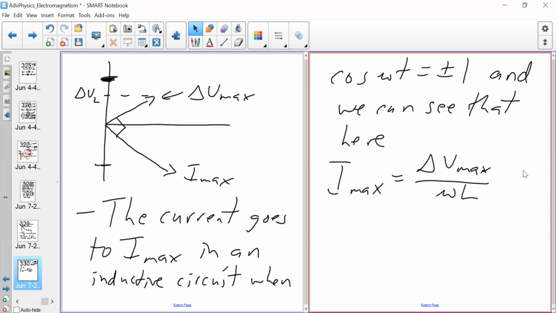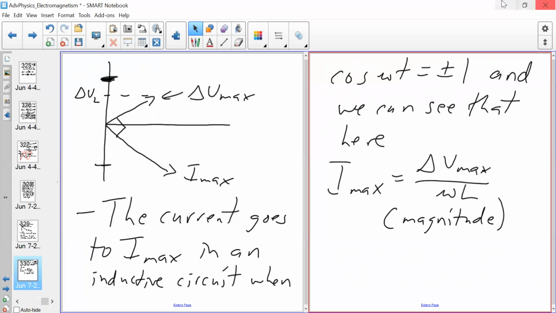And so that just becomes delta V max over omega L. And this is a magnitude because this current is a maximum at plus minus 1. So this is just the magnitude of the current.